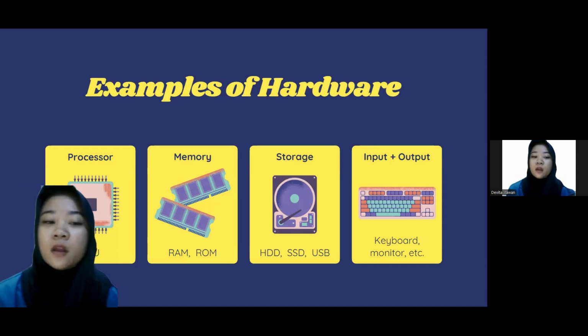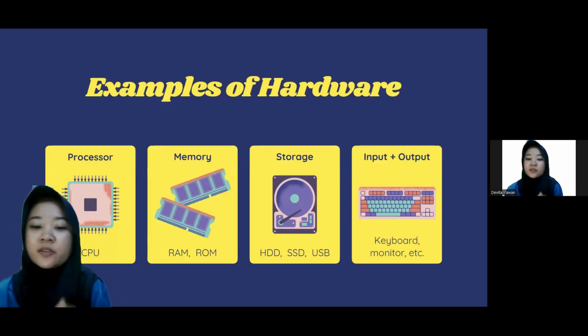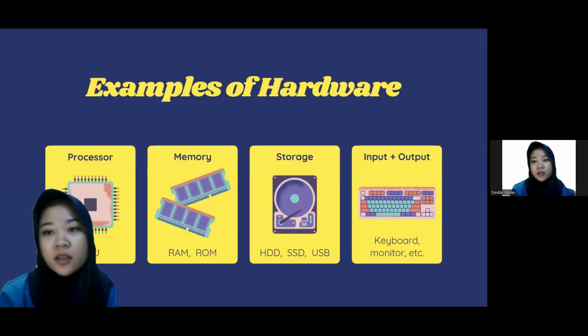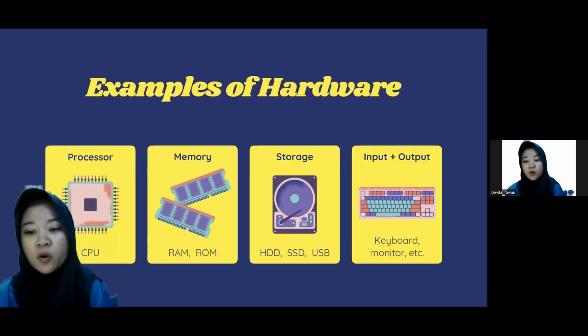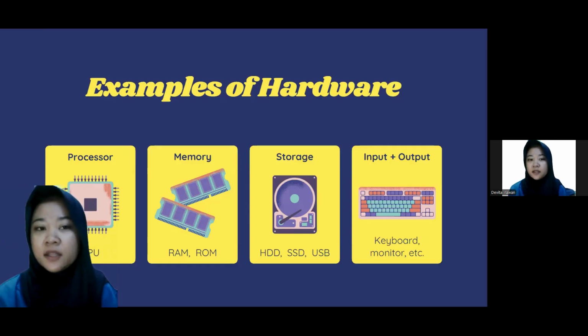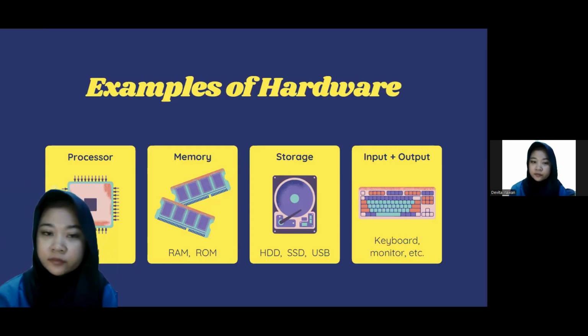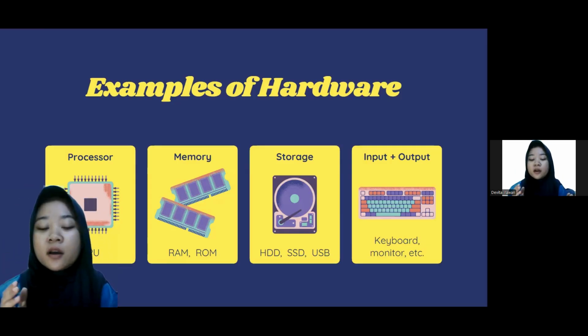The first we have processor, which is CPU; memory, which is RAM or ROM; storage, which is HDD, SSD, USB; and input or output devices, like keyboard, monitor, etc. There are many examples of hardware, guys, and I know you already know them.